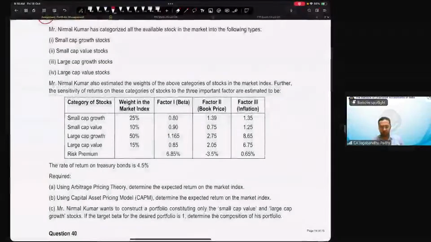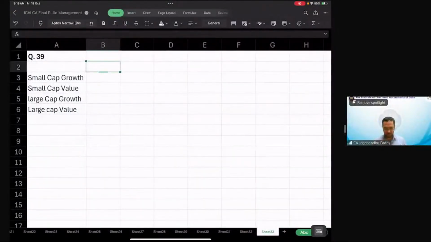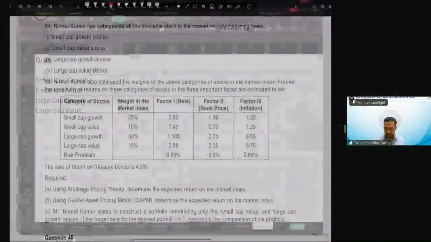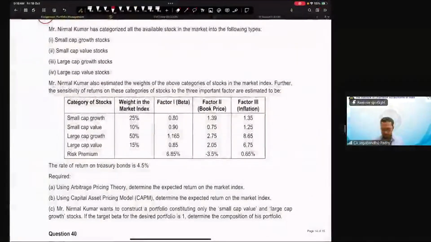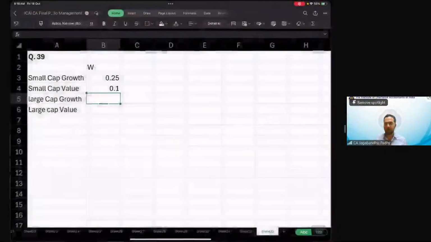Okay, so we know the weightages. Weights are given as 0.25, 0.1, 0.5, and 0.15.